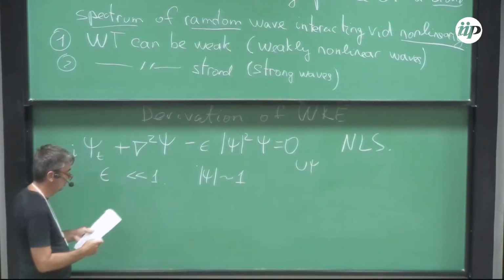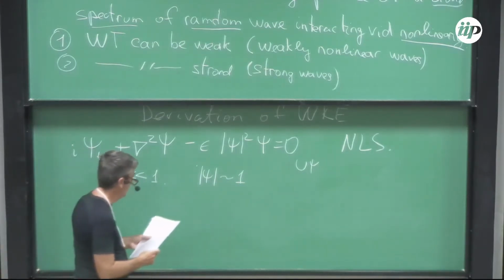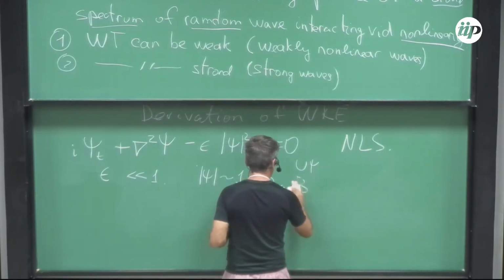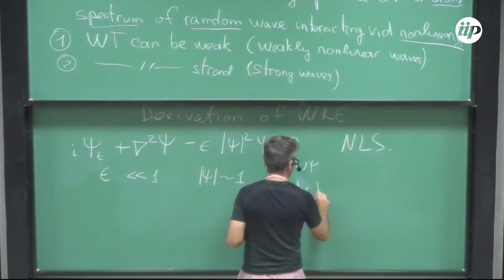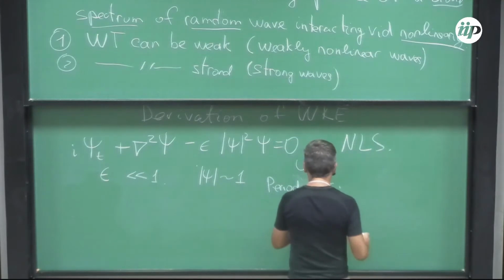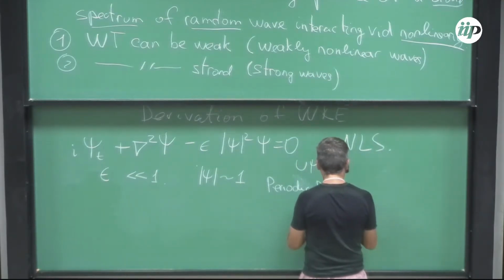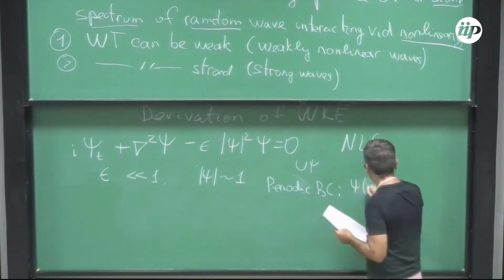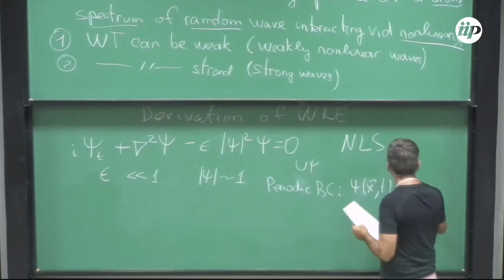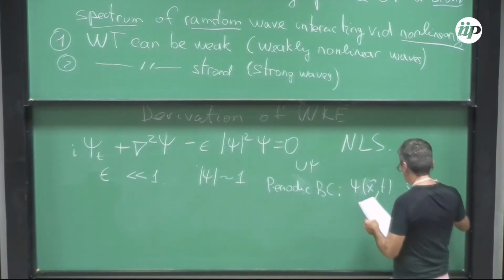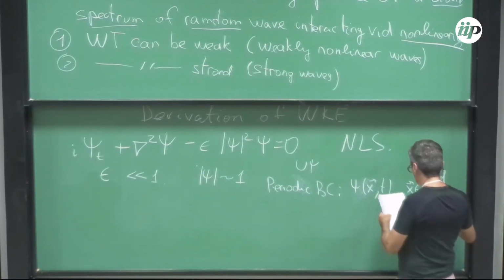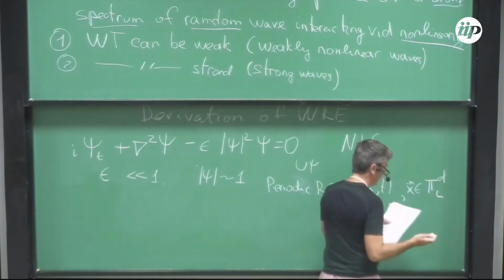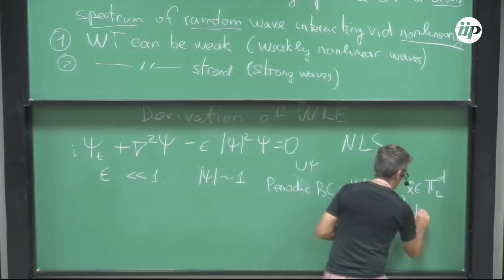Because I will be concerned with waves, I will say that the boundary conditions are periodic. Which means that psi will be a function of physical space and time, with the physical space variable on a d-dimensional torus of size L in all directions, meaning periodicity in all directions.